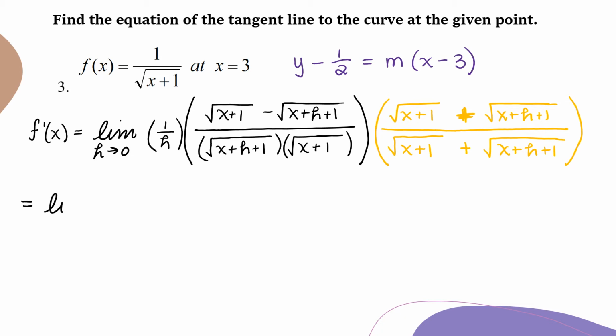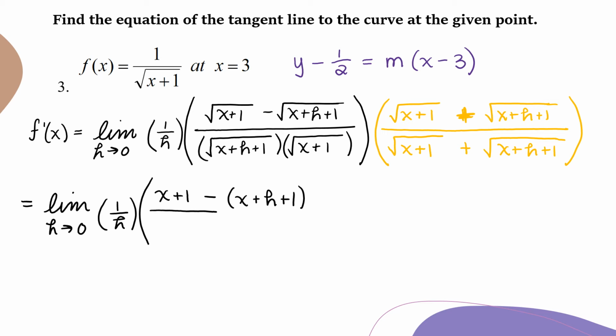So I have the limit as h approaches 0 of 1 over h times the square root of x plus 1 squared is just x plus 1 minus the square root of x plus h plus 1 squared is just x plus h plus 1.